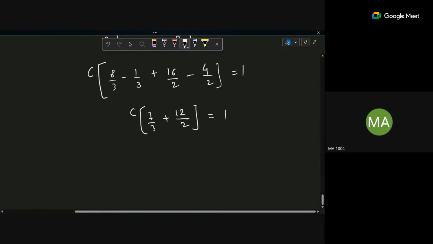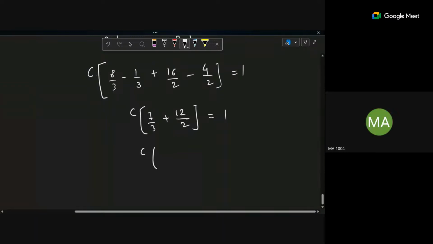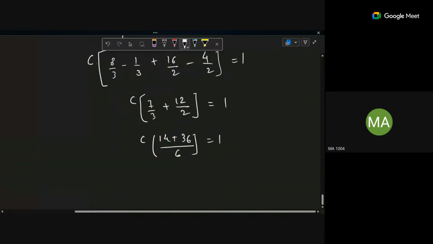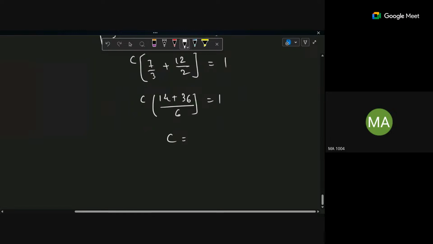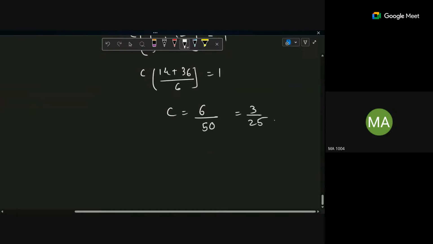So just go for it: 7 into 2 is 14, plus 36 by 6, which is equal to 1. Again, your C is 6 by 25. Sorry, 3 by 25. Yes, ma'am. 3 by 25.